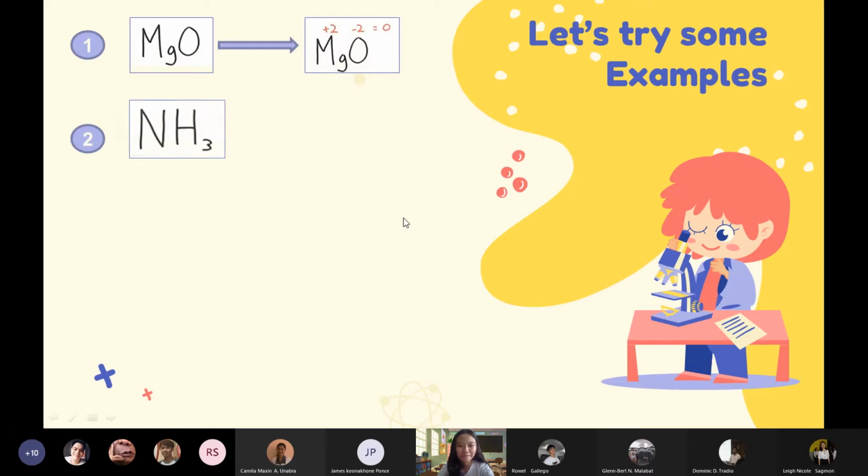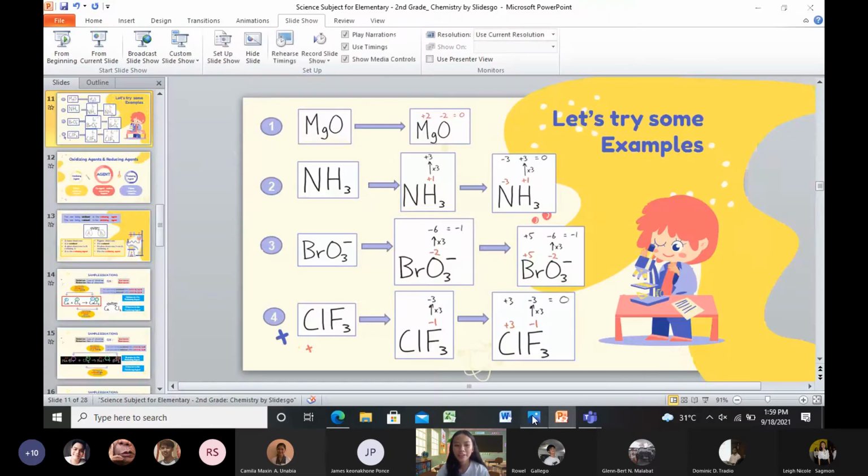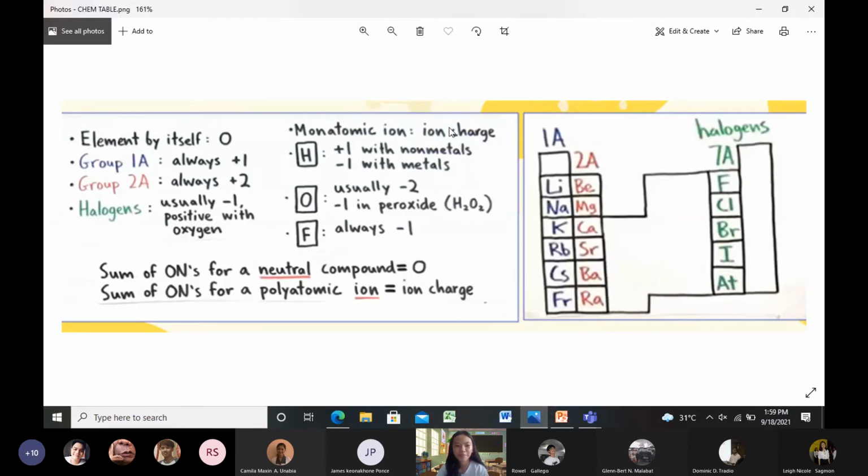Next, NH3. For N, we still don't have any information on the table that I have shown you. For hydrogen, let's get back on hydrogen. Okay, this one. Hydrogen is +1 with non-metals and -1 with metals.